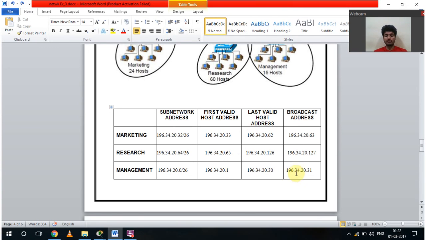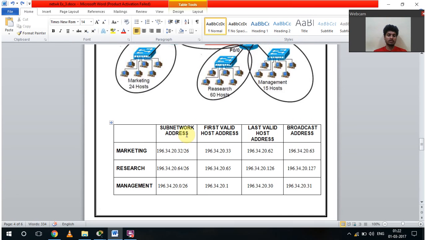The broadcast address will be 192.34.20.31, and the last valid host address will be 30. The subnet mask should be 24, but we are borrowing bits, so the customized subnet mask will be 27.